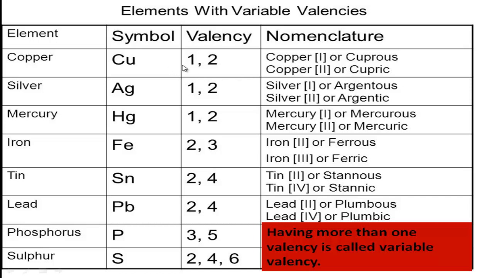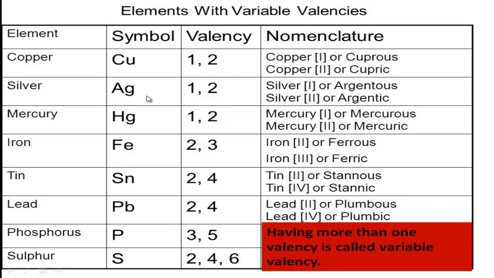Follow here. Here two valencies are used. Follow here, the lesser valency, that means 1 and 2. Between these two numbers, 1 is less, 2 is more. So the lesser valency is used when its name ends with -ous. That means when the name of the chemical substance is cuprous, then the smaller valency is used, and when the valency is more, when 2 is used, at that time -ic will be present here.